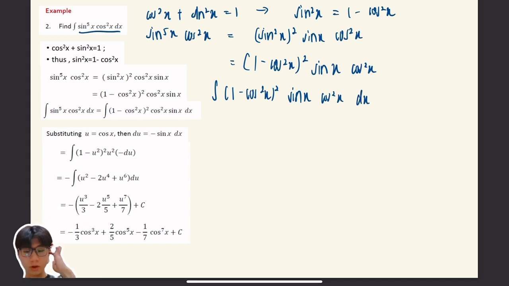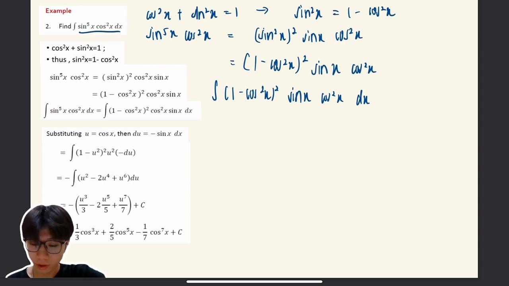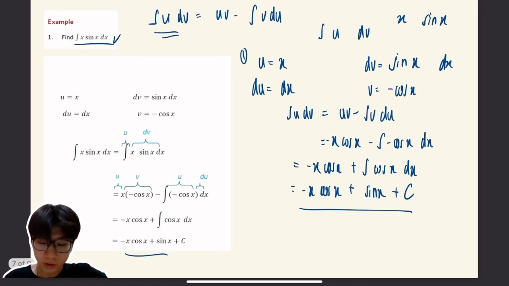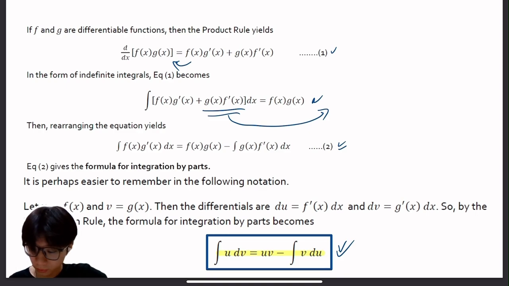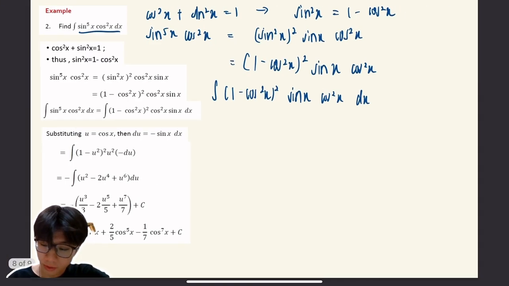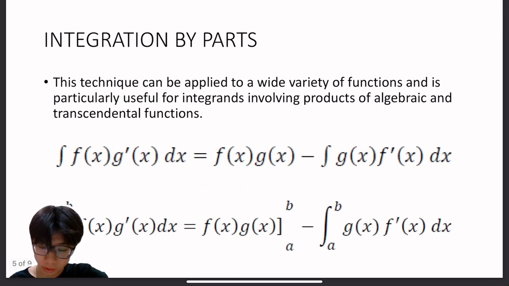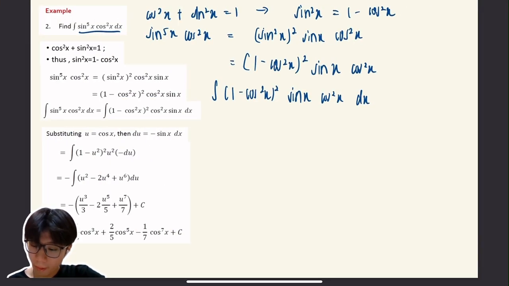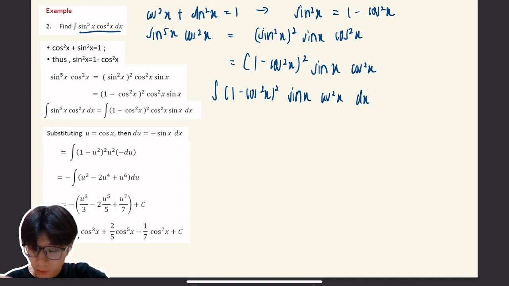Okay, so how do we do the integration for this one? As the previous one, it's a little bit different from this one. But it's okay. We still use this method, integration by substitution, by letting this one simplify the whole solution.